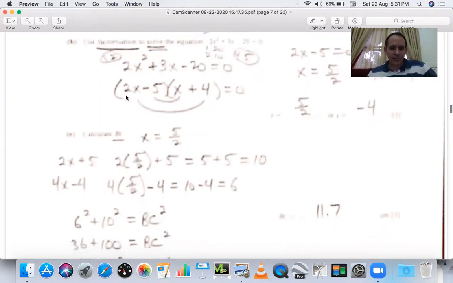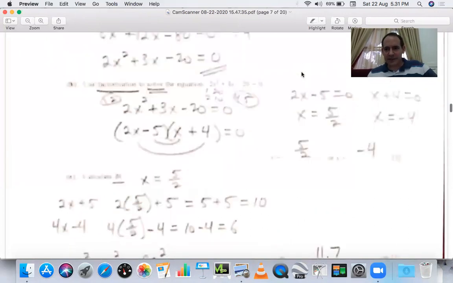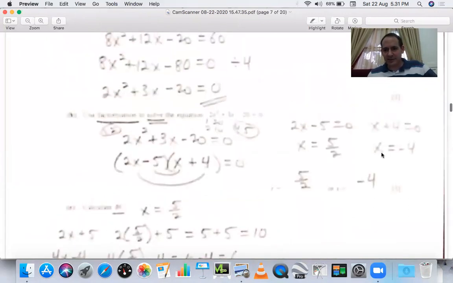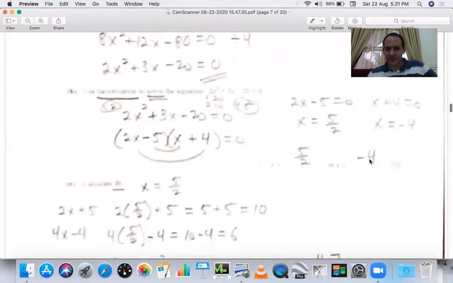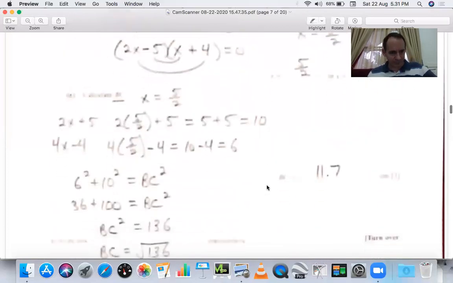So the 2 from the front times the 4 from the back gives us a positive 8x. And then the 1 from the front and the 5 from the back gives us a negative 5x. So positive 8x minus 5x gives us the 3x. Then you set each of these equal to 0 and solve. So that gives us 5/2 and negative 4.